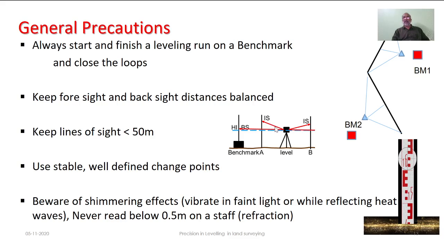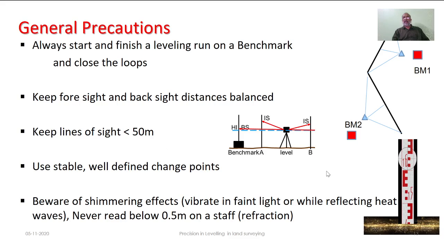As discussed previously, as we balance the backsight and foresight, the involvement of the error is nullified in the calculations. For the various classes of the works, the length of the sight could be 50 meters, 60 meters, 90 meters, but better it be restricted to 50 meters.